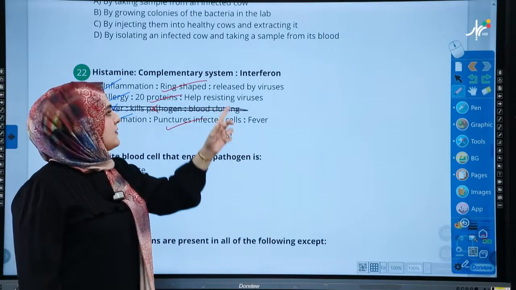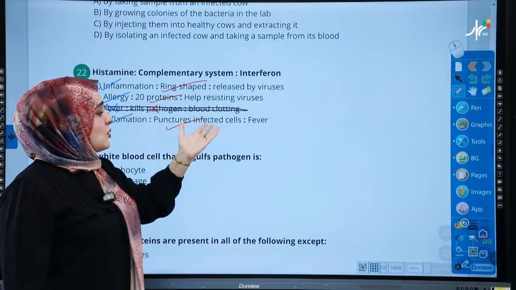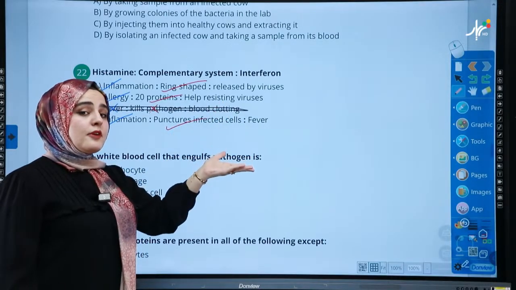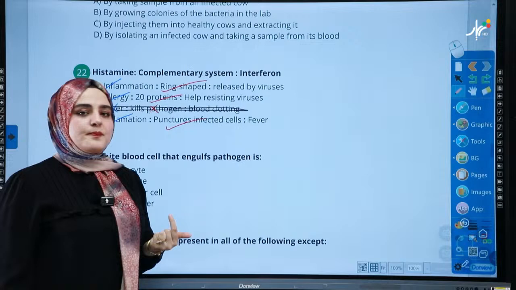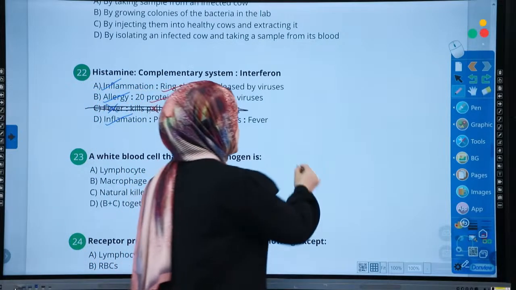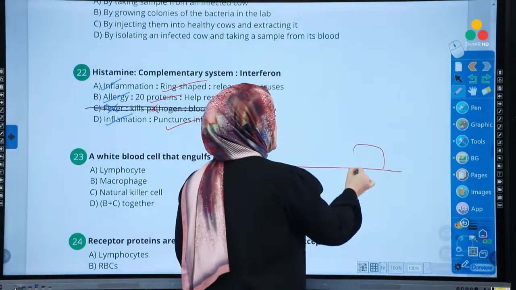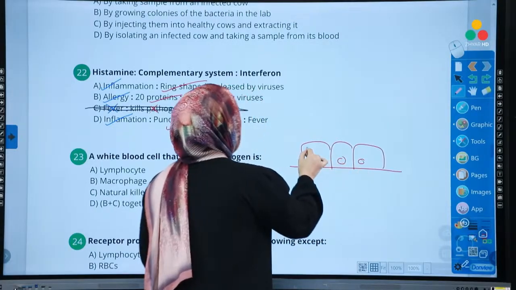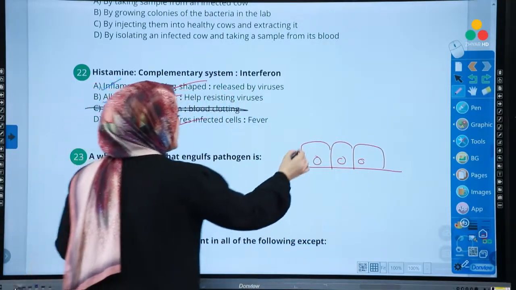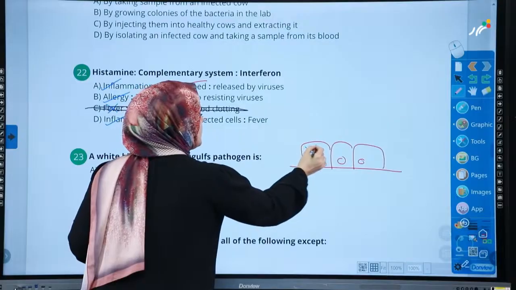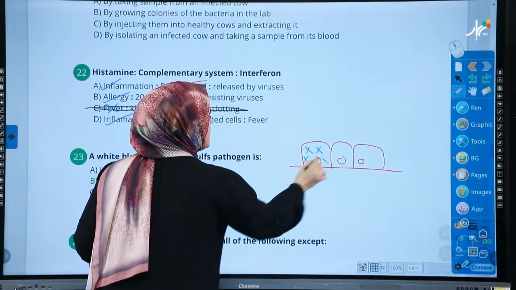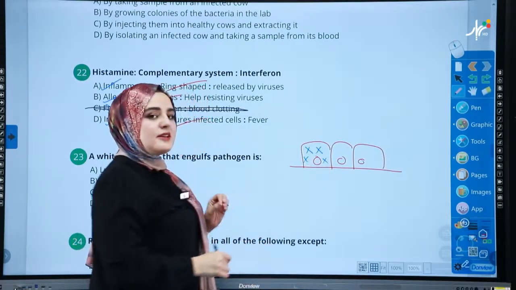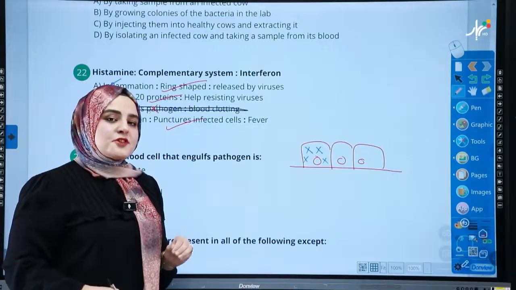Interferon. Interferon is released by the virus, or creating resistance for the virus, or causing fever. Now interferon is like this. Let's assume that we have a bunch of cells, and they are neighbors. One of them, this one, gets an infection from a virus. A virus went inside and the cell is dying. Before it dies, these are not selfish beings.